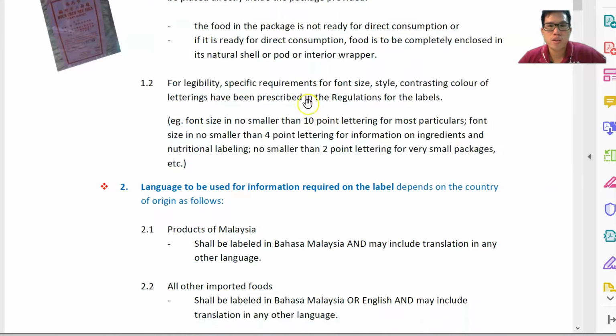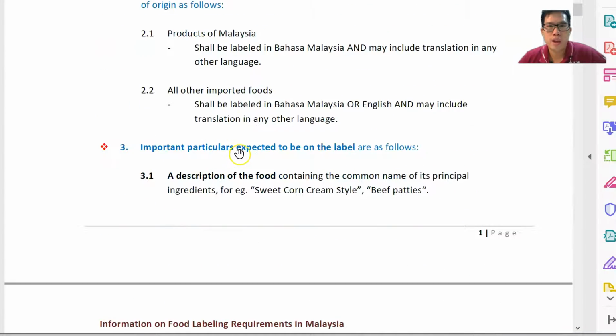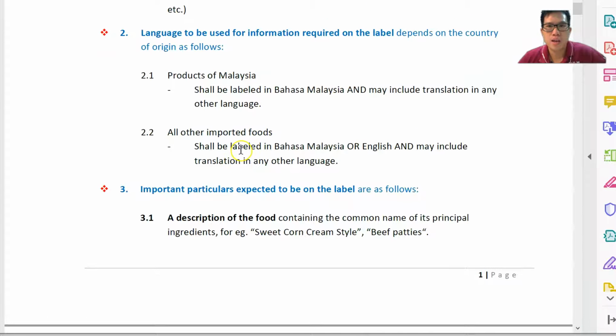In Malaysia, the language needs to be at least Bahasa Malaysia or English, and you can also have translations, so that the local consumer can actually understand. You cannot have some foreign language that we don't understand, because as I say, all this labeling is to safeguard the interest of the local consumers.